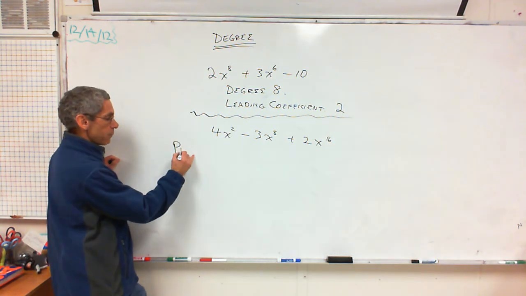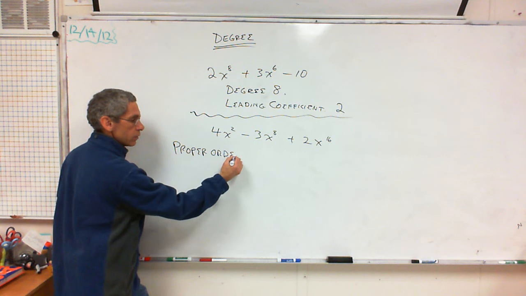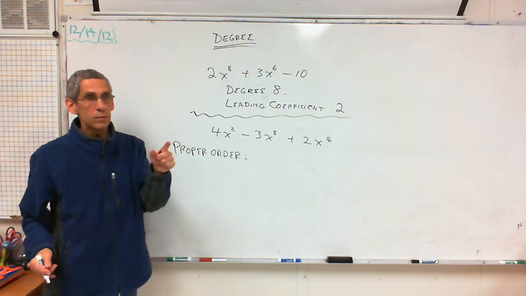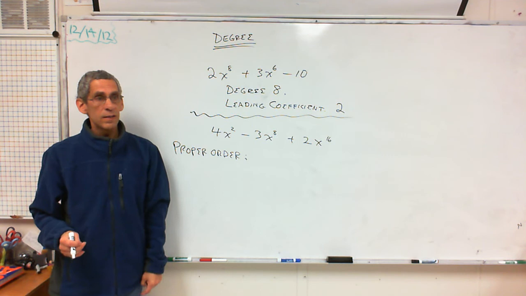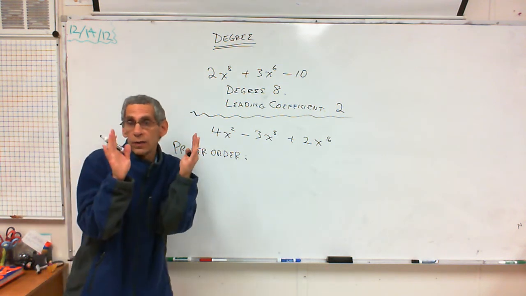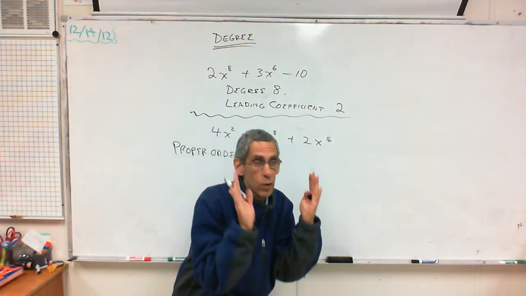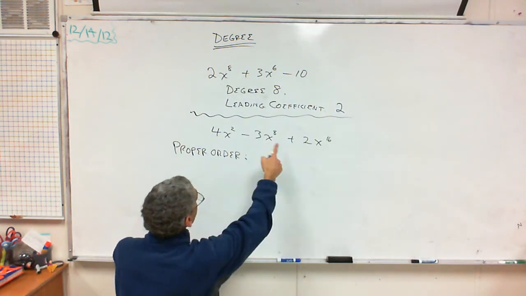Proper order. You order it from biggest exponent to smallest exponent. Yes, you have to order it from biggest exponent to the next biggest. So it's like going down the stairs, right? So this is written wrong.